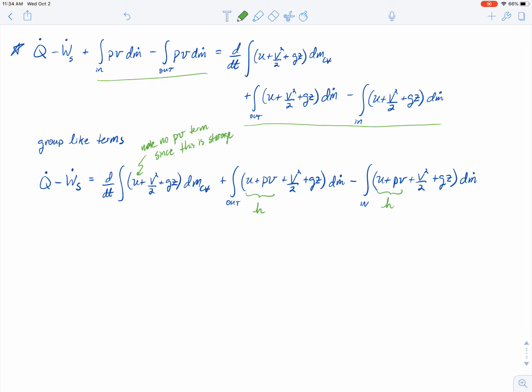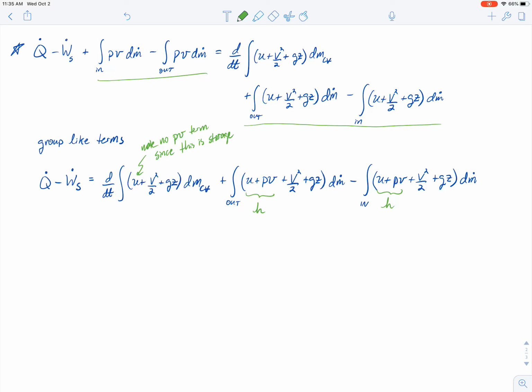So looking at these terms, going from left to right, again I have the net energy transfer via heat. The next term is the net energy transfer due to work between the system and the surroundings in its various forms. Could be shaft work, could be electrical work, are the two usual things. The next term is the time rate of change of energy storage inside my control volume.